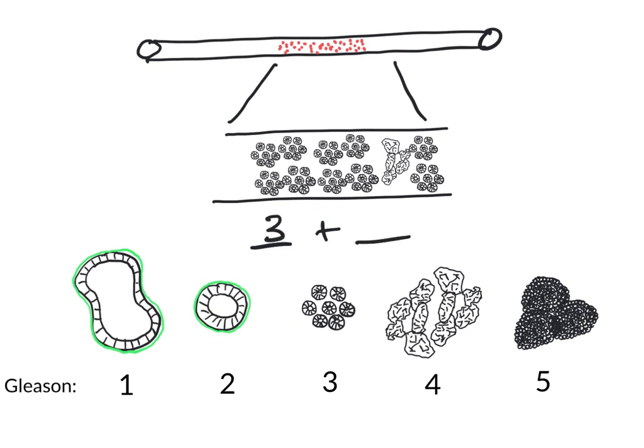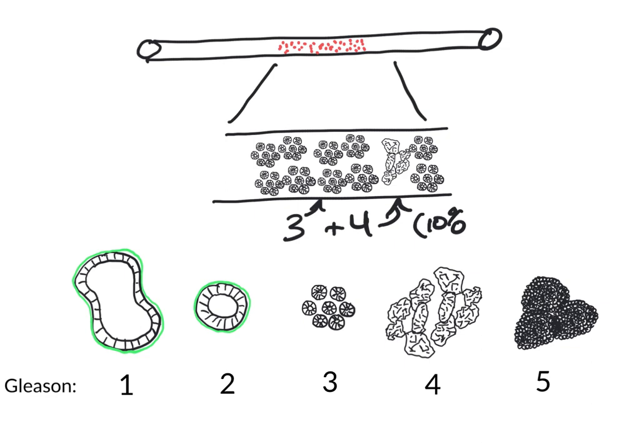In general, we'd say you have to have at least 3 plus 3 in order to be considered cancer. For example, for the pattern above, the pathologist would say that this cartoon has 3 plus 4. It's majority pattern 3, but a little bit of pattern 4. And the pathologist estimates the amount of pattern 4, and this looks to be about 10%.